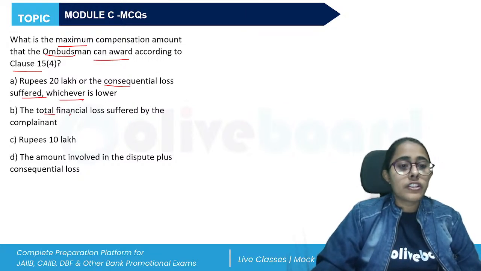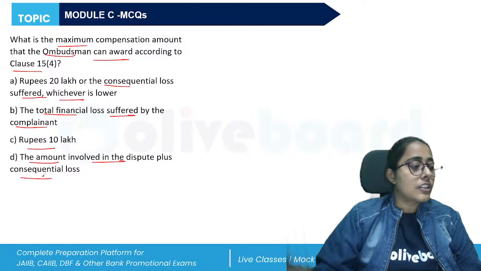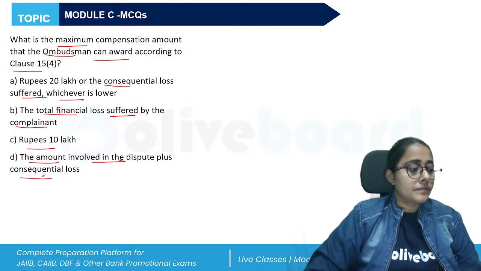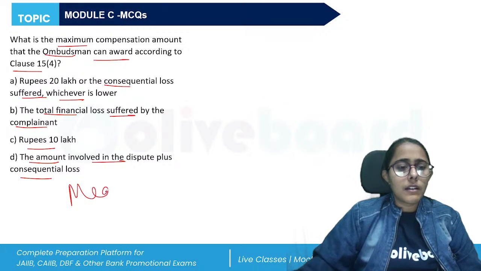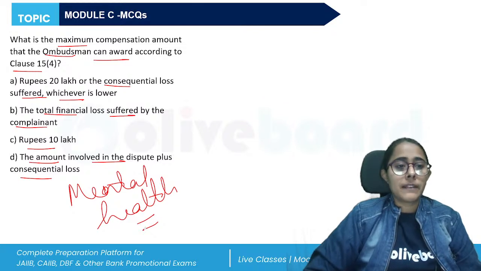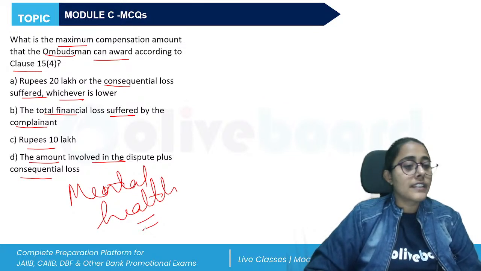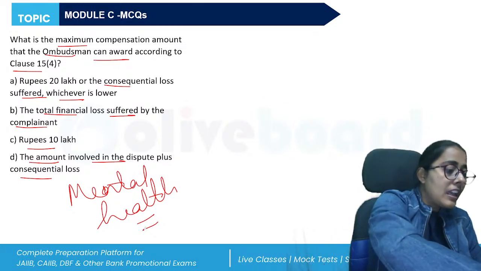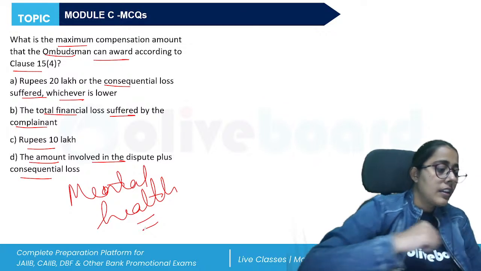The total financial loss that is suffered by the complainant. Rupees 10 lakh or the amount involved in the dispute plus the consequential loss. Consequential loss also includes how it has affected the mental health of the complainant. So what is the maximum compensation that the ombudsman can award for the complainant?